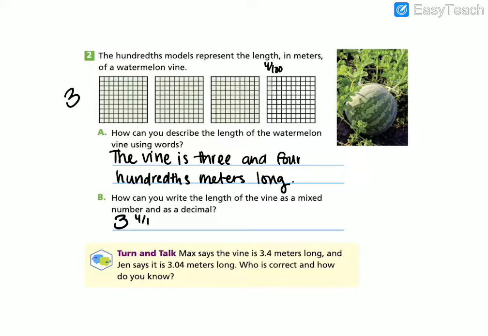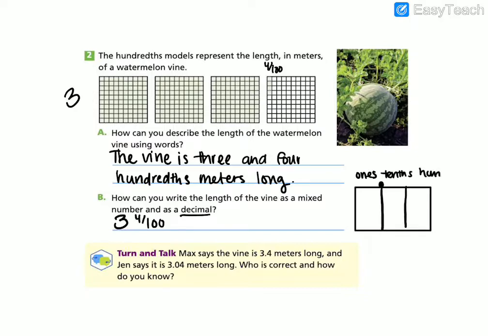So 3 and 4/100ths. And as a decimal. Okay, I'm going to draw my place value chart to the side. Ones, tenths, hundredths.